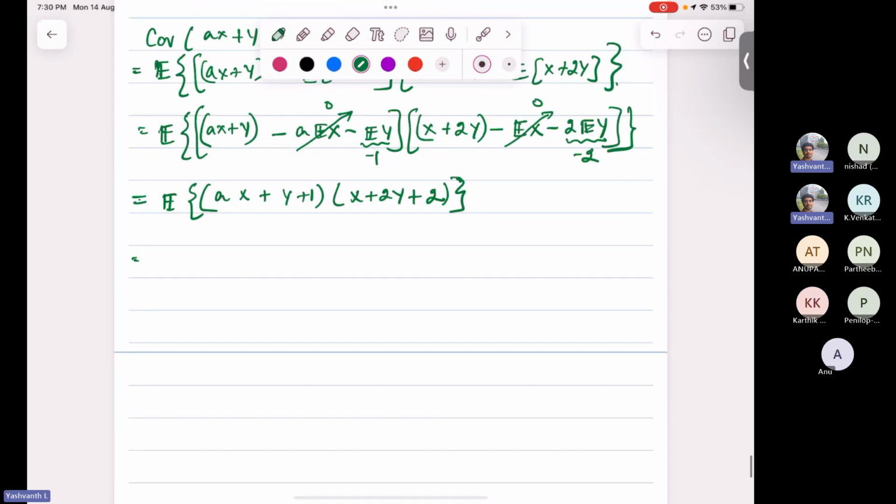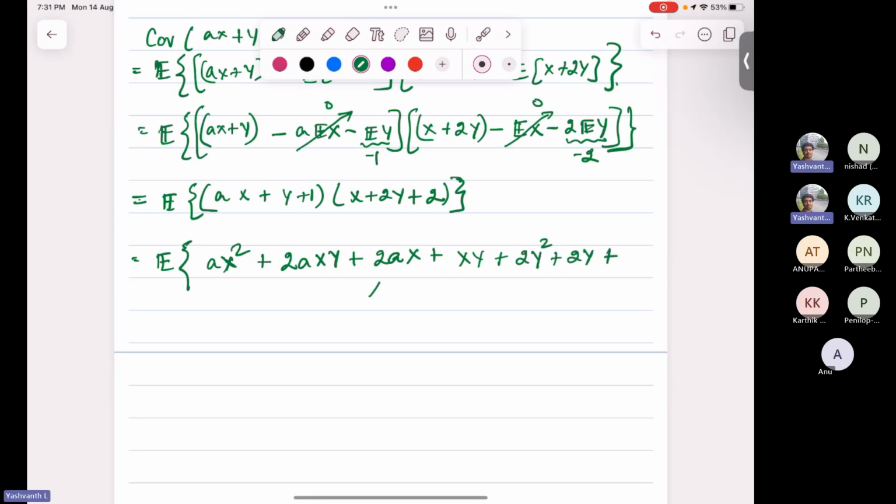Expand this now: ax square plus 2axy plus 2ax plus xy plus 2y square plus 2y plus x plus 2y plus 2.